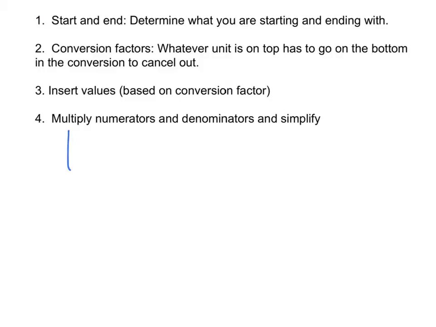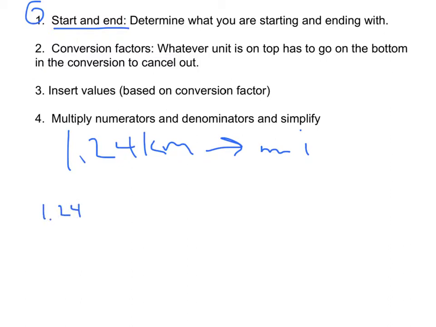For example, in the first problem you're asked to convert 1.24 kilometers into miles. Step number 1 says where we start and end. You're starting with 1.24 kilometers and you're ending with the unit miles. Now this is going to take cross multiplication, so it's better off to put 1.24 kilometers over 1 so that things can easily be canceled out.